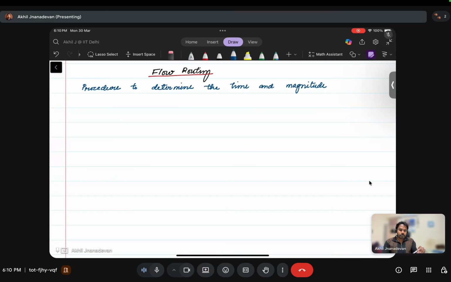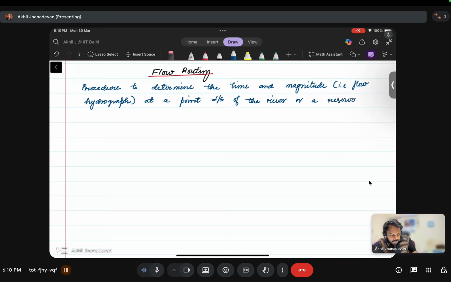So we need the time and the flow rate, that is, the flow hydrograph at a point at the downstream of the river or a reservoir. So we are taking two cases.